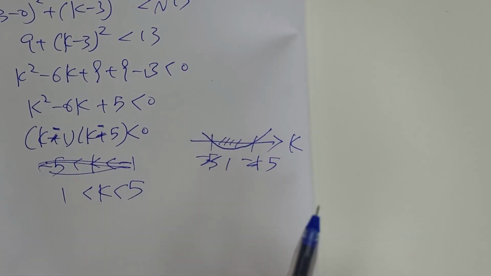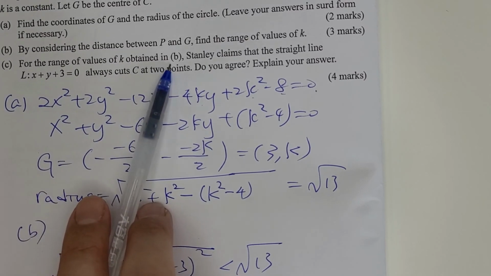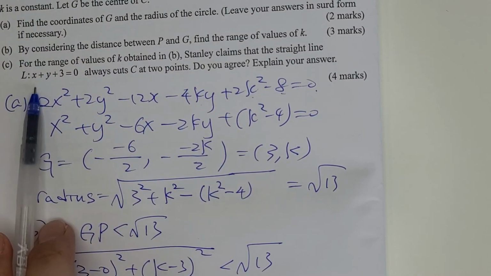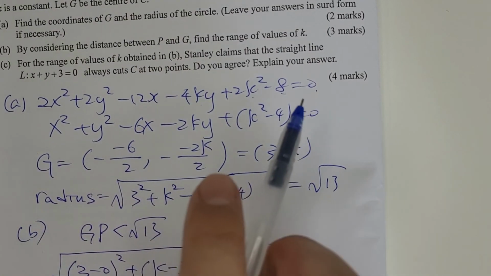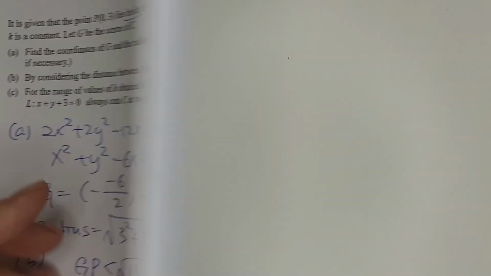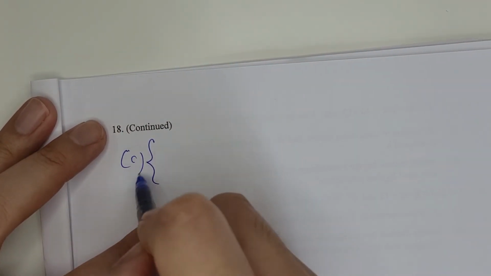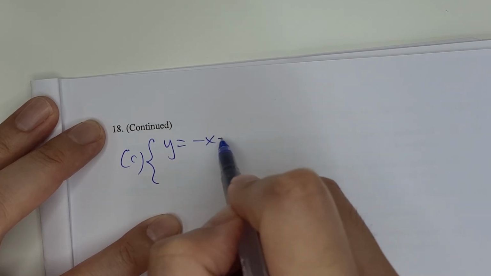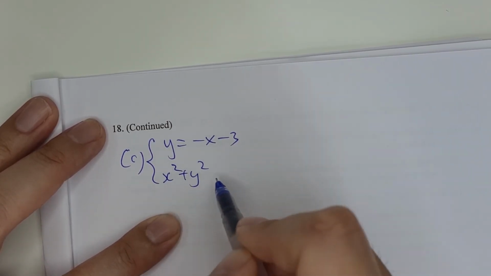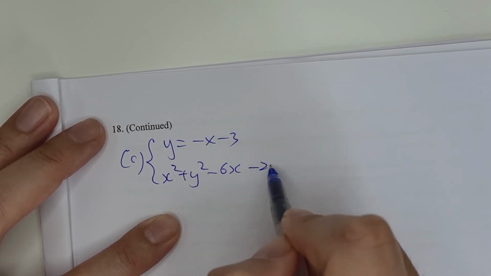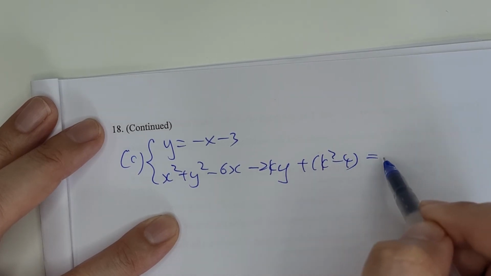Okay. And part C, the range of k in B, Stanley claims that the straight line always cuts the circle at 2 points. Do you agree? Okay, so let's see what's happened when I consider the equation of straight line y equals -x minus 3 and the equation of circle x squared plus y squared minus 6x minus 2ky plus k squared minus 4 equal to 0.